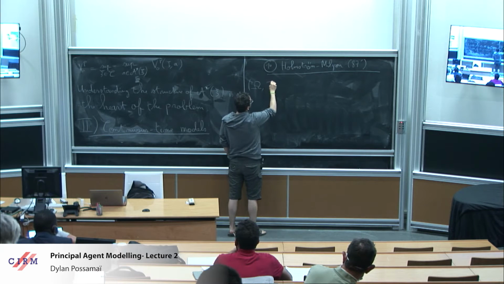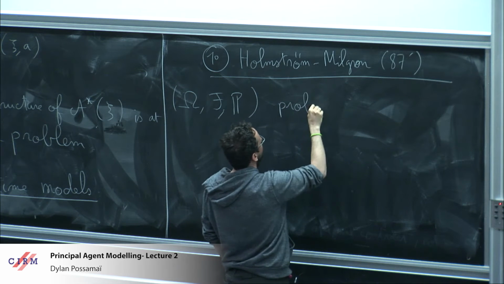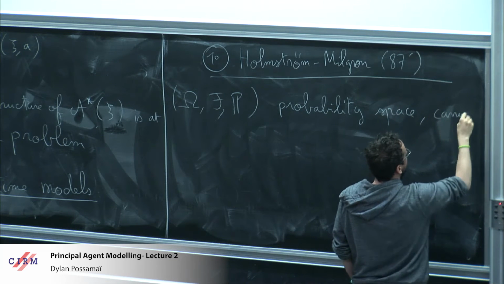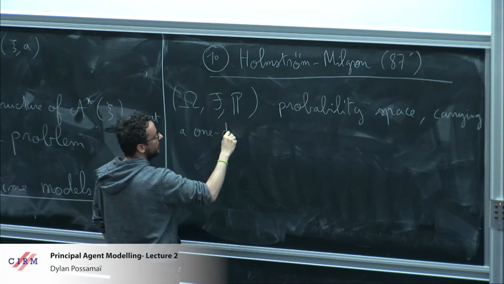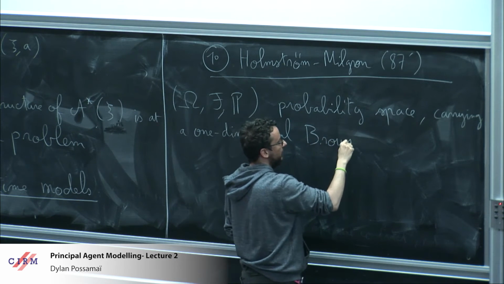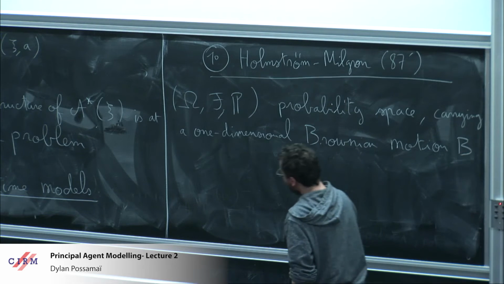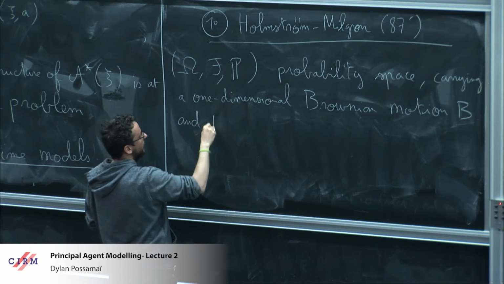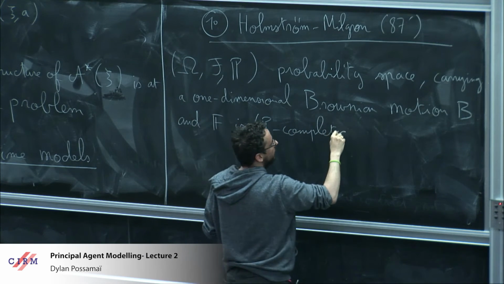So, as usual, here I start now with a probability space omega F P. This carries a one-dimensional Brownian motion, and F is the P-completed natural filtration of B.